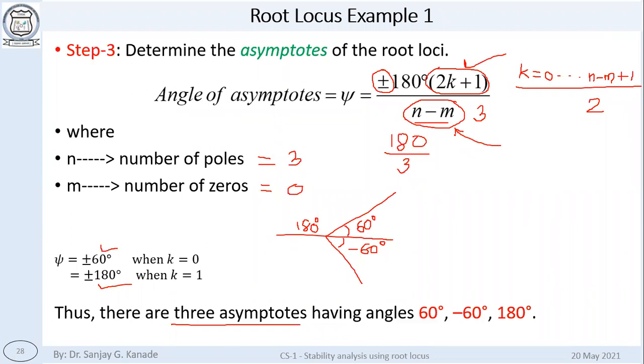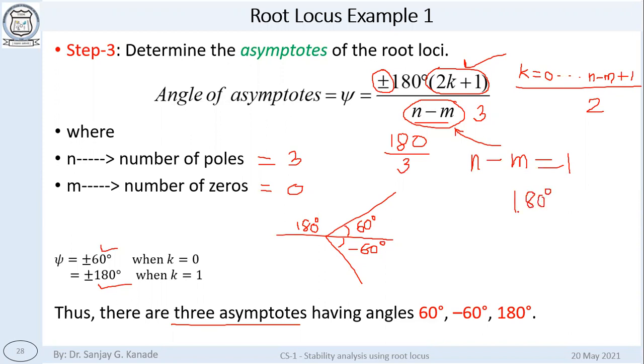If there is only 1 asymptote, what will be the value of that angle? Let's say n minus m is equal to 1. It will be 180 degrees.